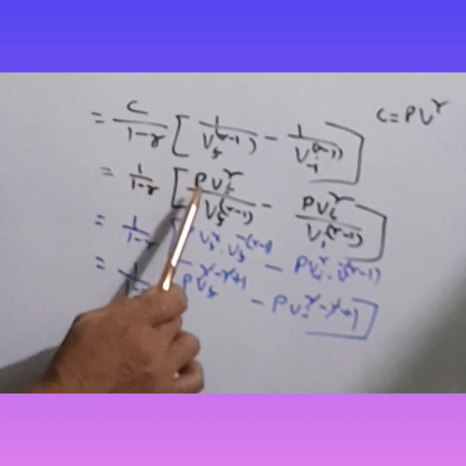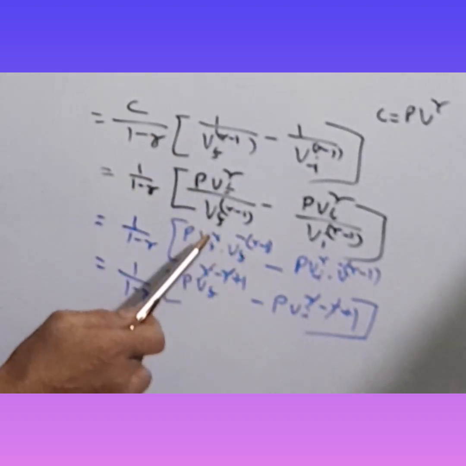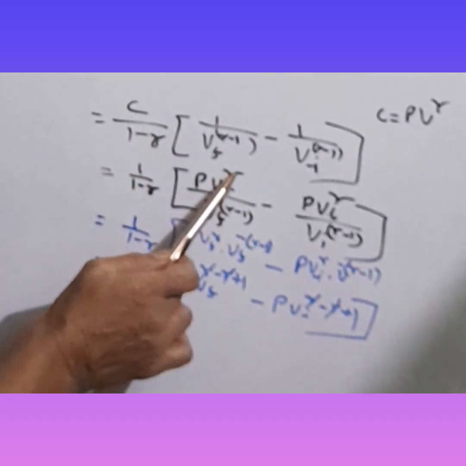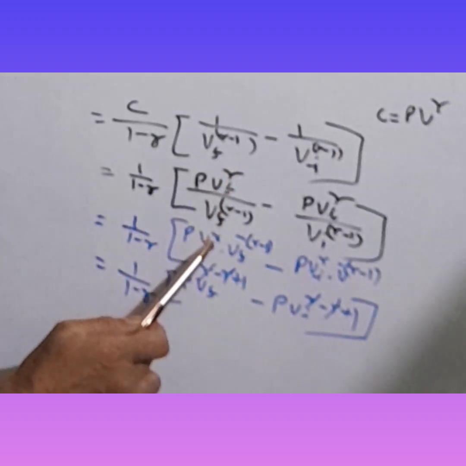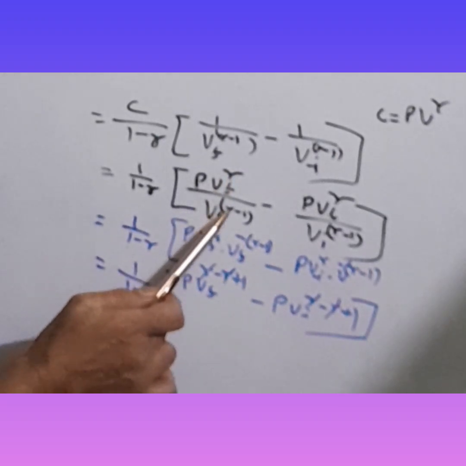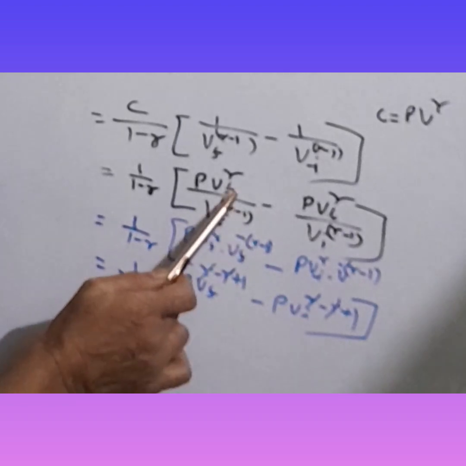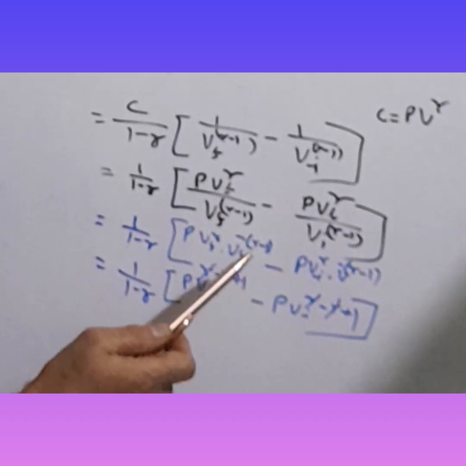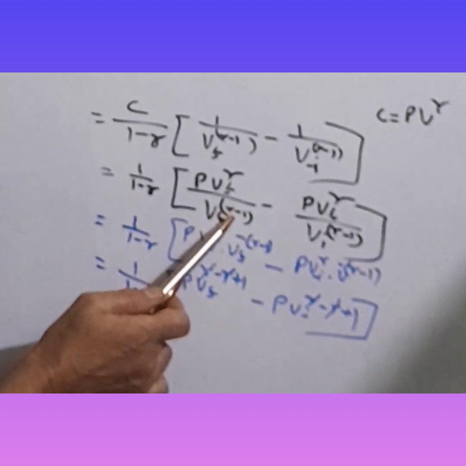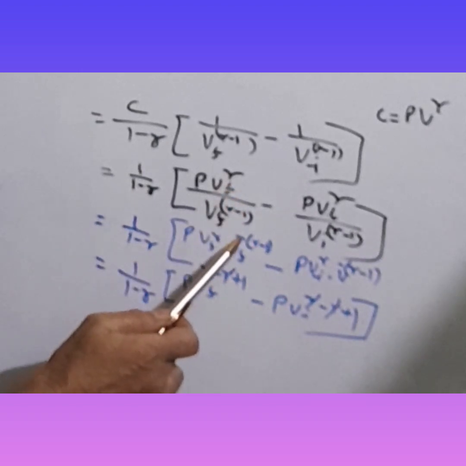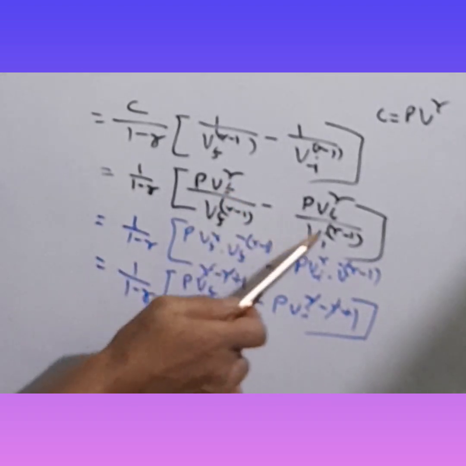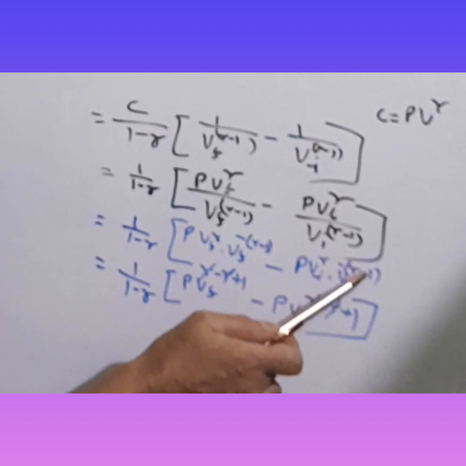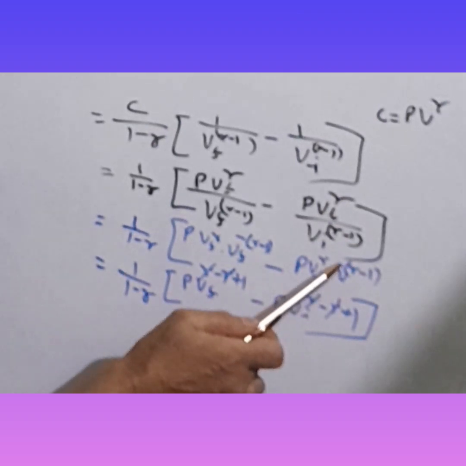Then what we do is use the law of indices. Vf gamma is as it is, and I take this Vf raised to gamma minus 1 up. As per the law of indices, whenever anything comes up it gets a negative sign, so this also gets a negative sign. Similarly here, this has come up in the numerator, so it has a negative sign over here.